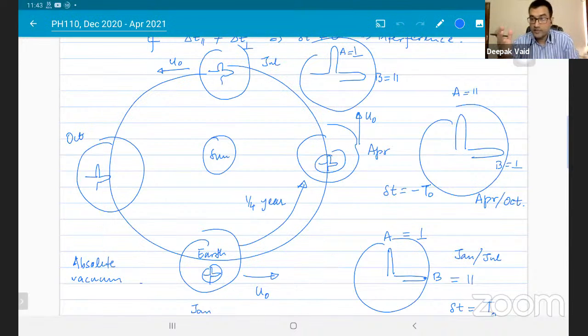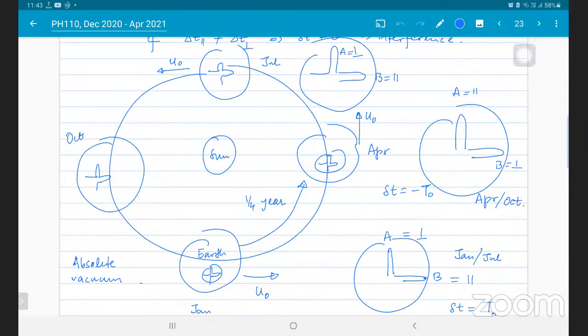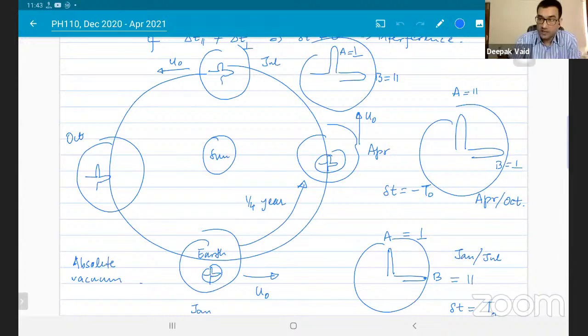And every time you are getting a null result, right? So the ether's motion has to be very, very complicated. The ether's motion has to be perfectly aligned with the motion of the Earth for some reason, right? To give you a null result every time.